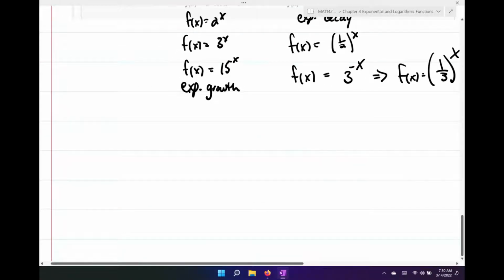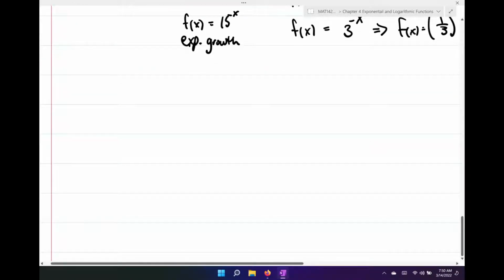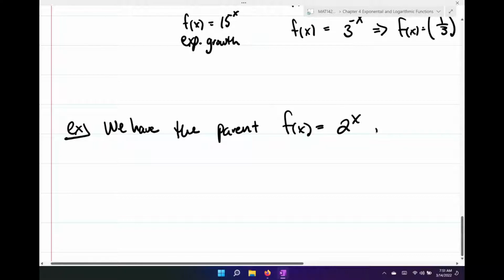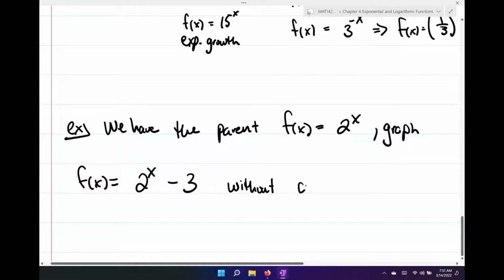And just like in previous sections, we will have the parent function. We're going to call the parent function here f of x equals 2 to the x. Graph f of x equals 2 to the x minus 3 without a calculator.